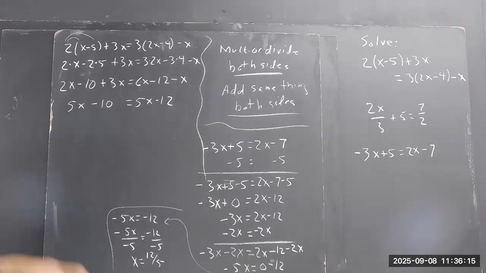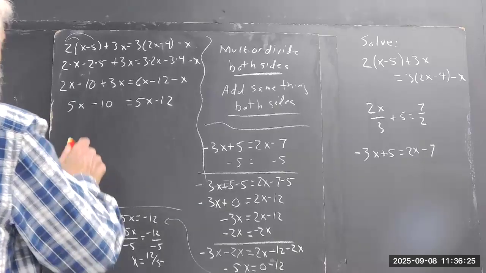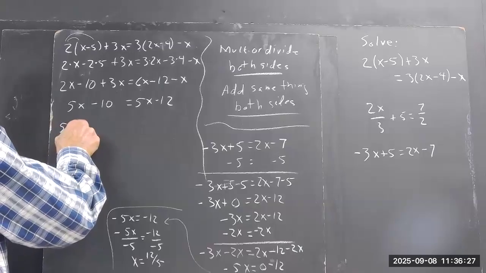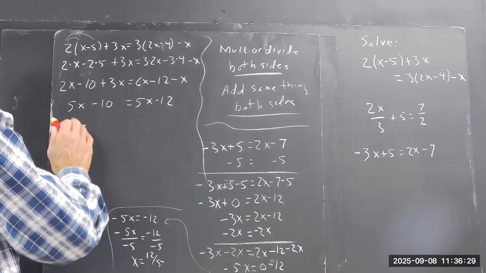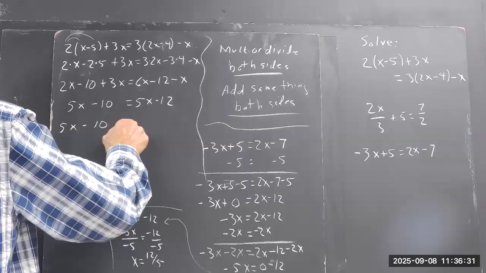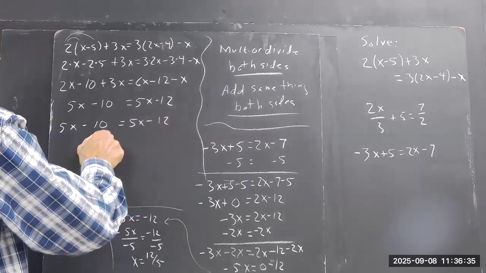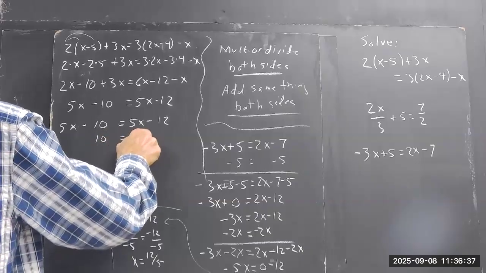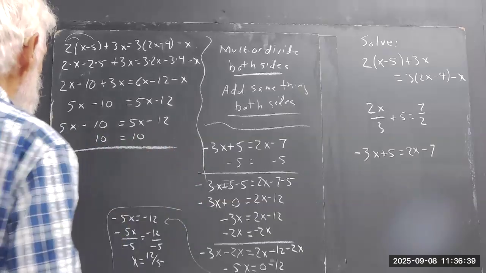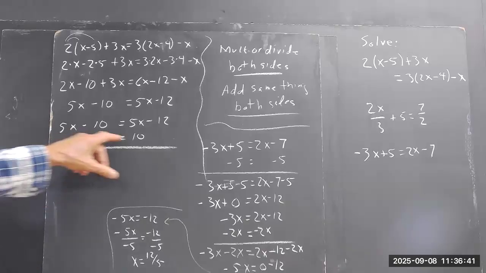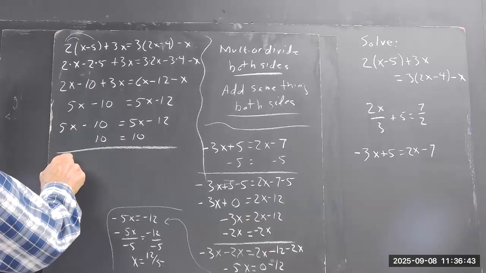Now, there's something we could see right here at this point that tells us that we're not getting the solution. But that's okay. If you see that, it's okay, but we're going to add 10 to both sides.